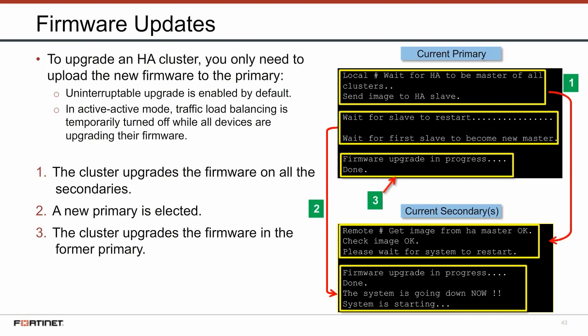If the cluster is operating in active-active mode, traffic load balancing is temporarily disabled while all devices are upgrading their firmware. You can change the firmware upgrade process by disabling uninterruptible upgrade from the CLI using config, system, HA. This will result in all FortiGates in a cluster being upgraded at the same time. This takes less time but interrupts the traffic flow.